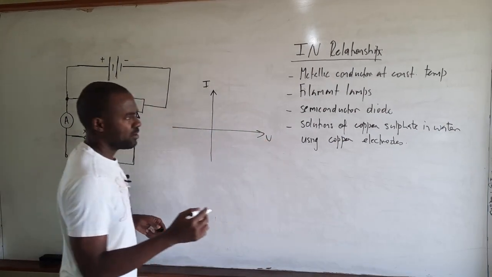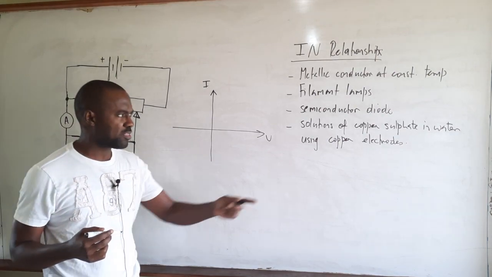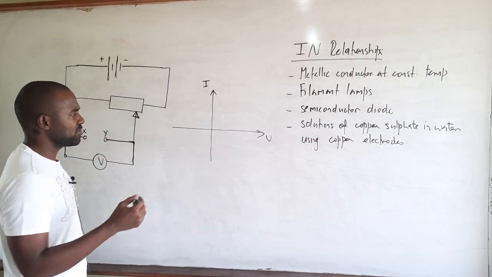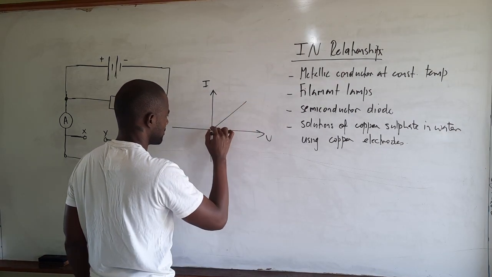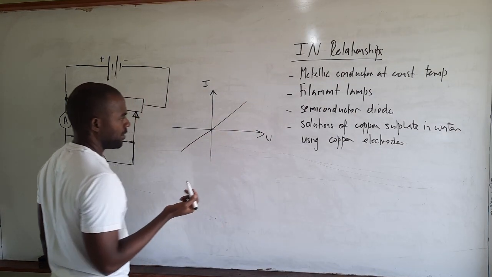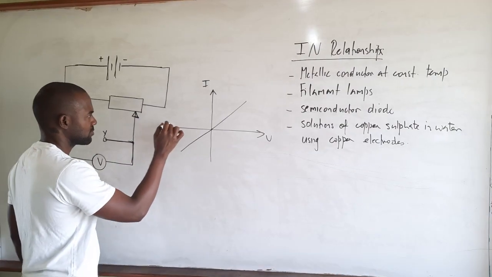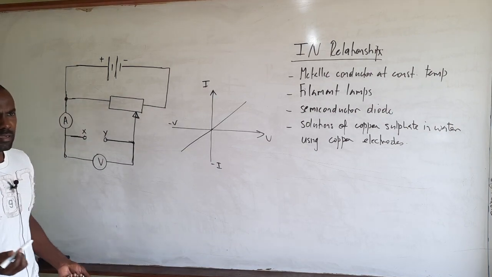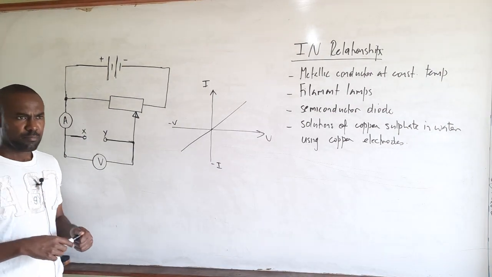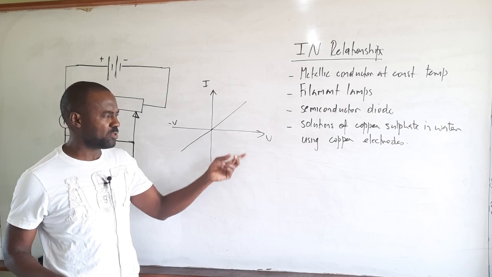Now, essentially, for a copper sulfate solution with copper electrodes, the characteristic looks like this. Right? So essentially, we can say that it is ohmic, based on the fact that it's a straight line passing through the origin.